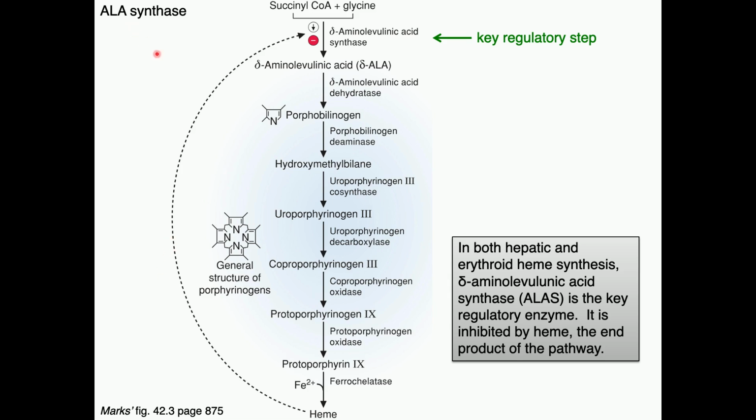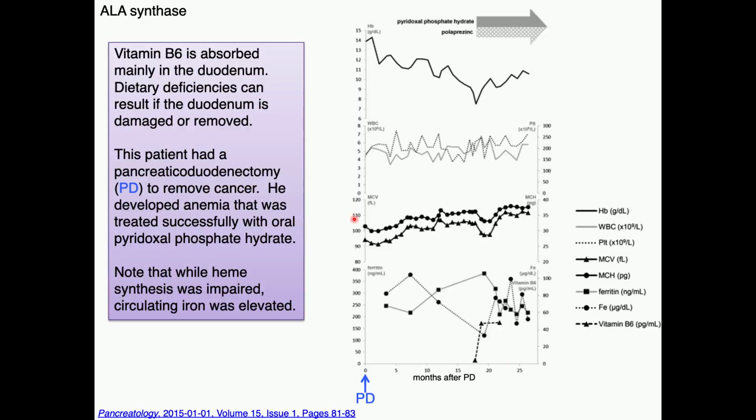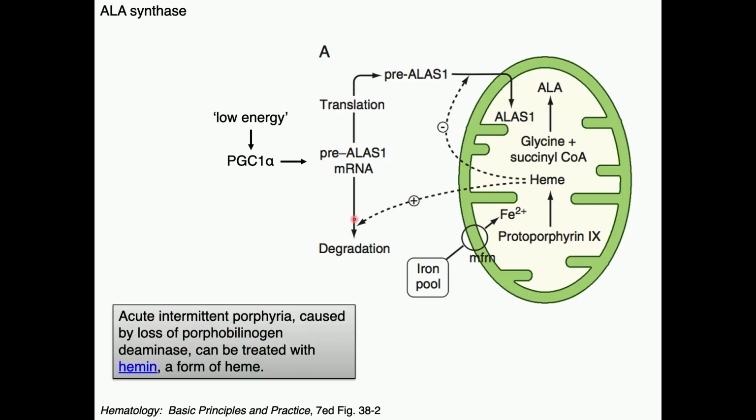Anyway, you can treat these conditions with heme, and that doesn't stop the block in the pathway, but it can diminish the exacerbation of the substrates going into the pathway. Okay, I apologize for getting that out of order. I'm not sure why that ended up there.